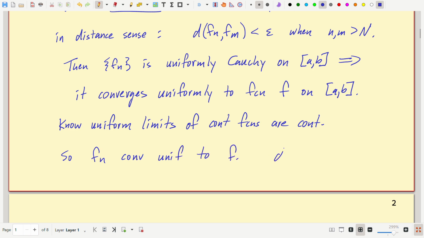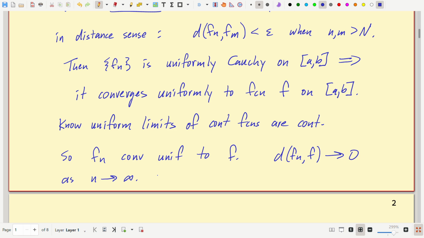And that means the distance from f_n to f goes to 0. So I've just shown you that a uniformly Cauchy sequence converges uniformly.